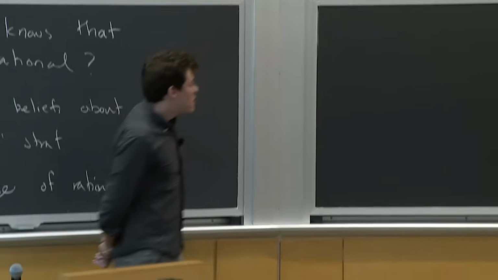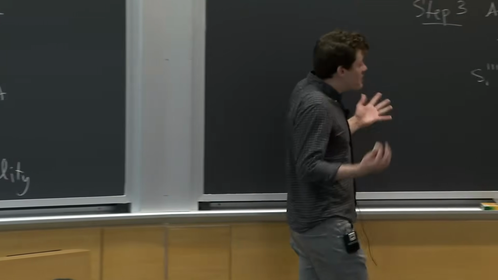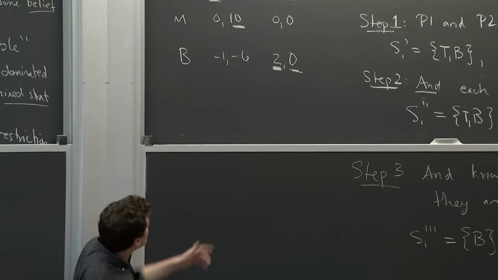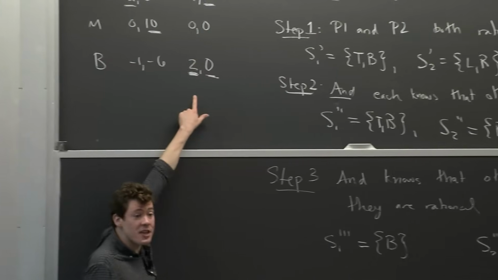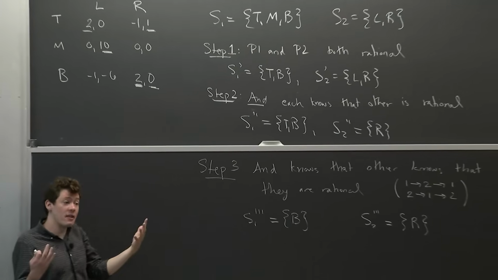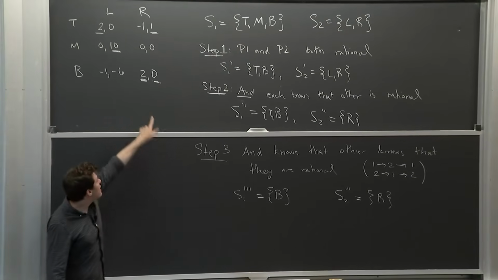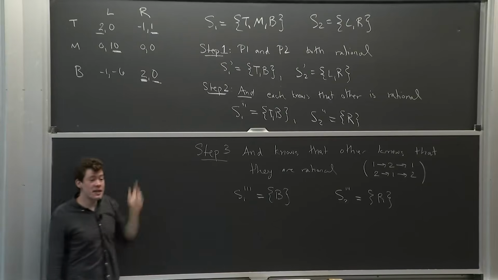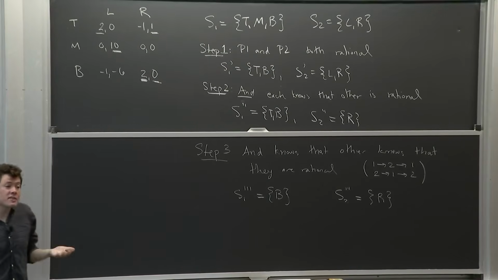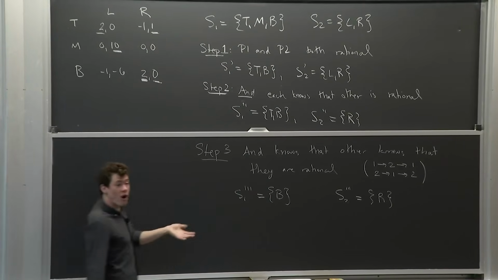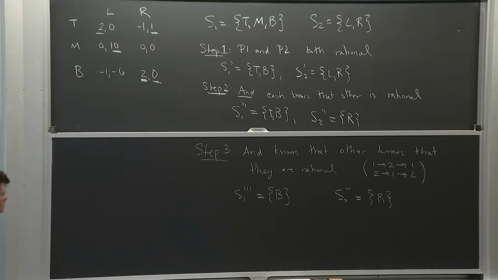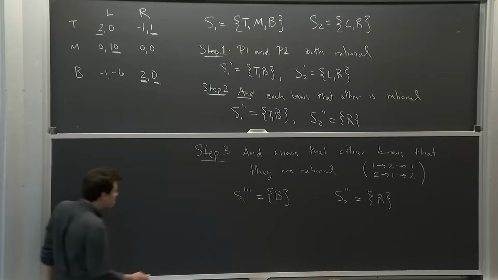And now we're done. In this case, there are no strategies left to deal with, and we can check, not a coincidence here, that we have one strategy profile left at the end, BR, and notice that both numbers in that cell are underlined, which reminds us that B is a best response to R, and R is a best response to B, which makes sense and will hold a bit more generally.